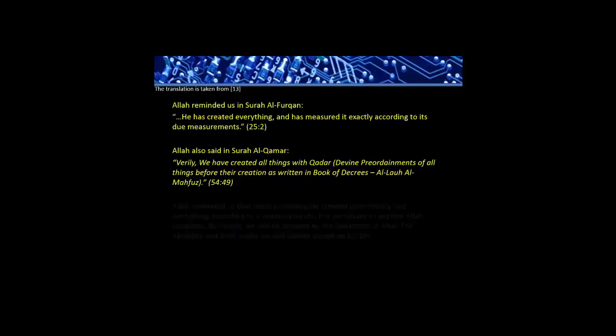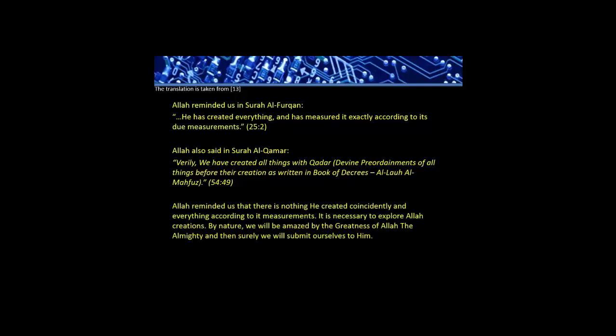Allah reminded us in both Surahs that there is no coincidence in this world. Everything happened according to His details, plans and measurements. Taking the photodetector as an example, as we go through the process of the photodetector, we understand that it is exactly the same as a normal reverse bias semiconductor, but it happens only with the presence of photons.